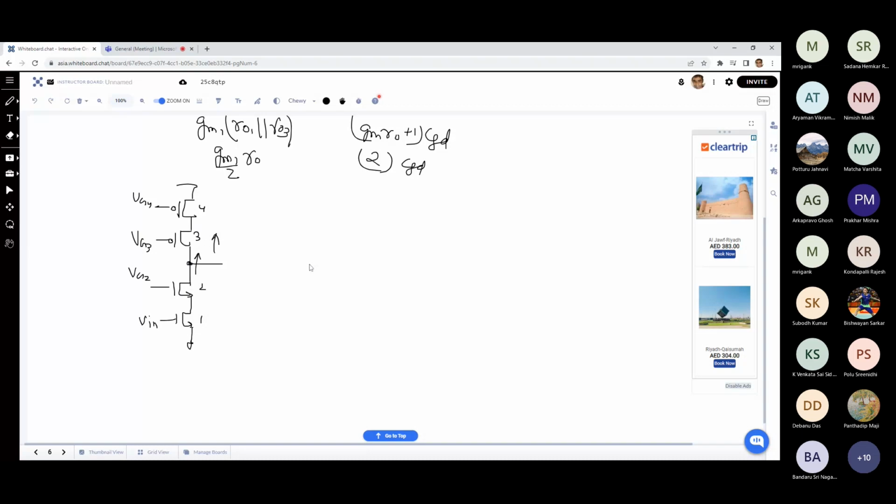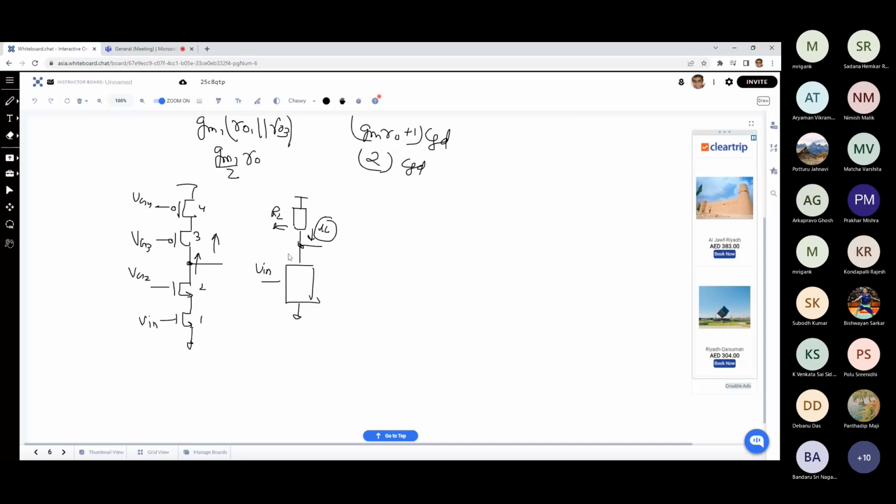So I am applying an input signal V in, and this lower part, the input part, is responsible for producing some small signal current. Whatever this load is, RL or ZL, whatever small signal current is going into the RL, that multiplied by RL will be my gain. Right? So all I need to find out is what is RL and what is IL. If I am able to find out what is IL, the small signal current going into the load, and what is RL, I'm done.